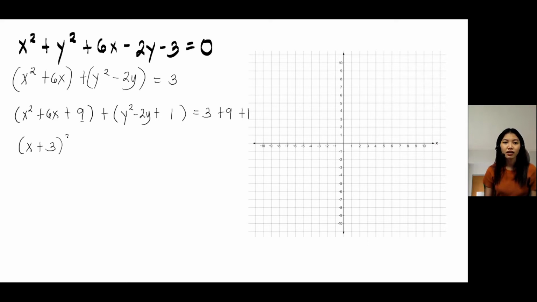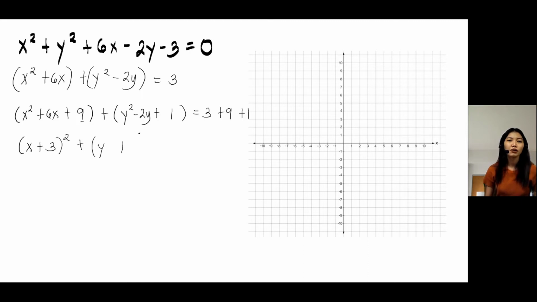And don't forget the exponent 2. Okay, plus. Again, factor this perfect square trinomial. We have here y squared minus 2y plus 1. Again, in factoring this trinomial, copy the variable y, get the square root of the last term. Our last term is 1, and the square root of 1 is 1.